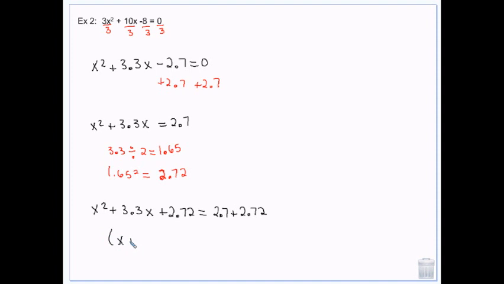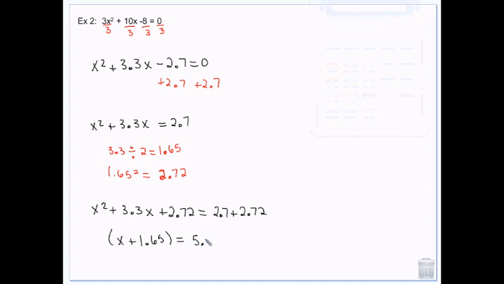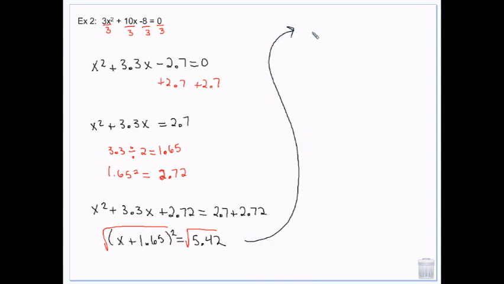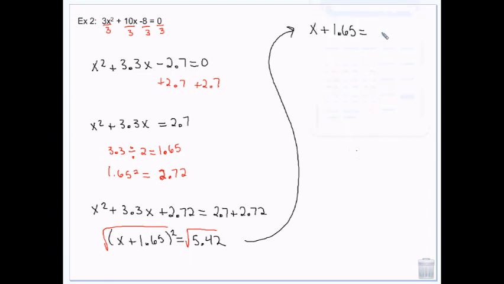So I'm going to get x plus 1.65 squared is equal to 5.42. I'm going to take the square root of each. Oh, sorry, that should be a squared right there. I left it off. And then I'm going to come up here so I have more room. And I'm going to get x plus 1.65 is equal to plus or minus 2.33.